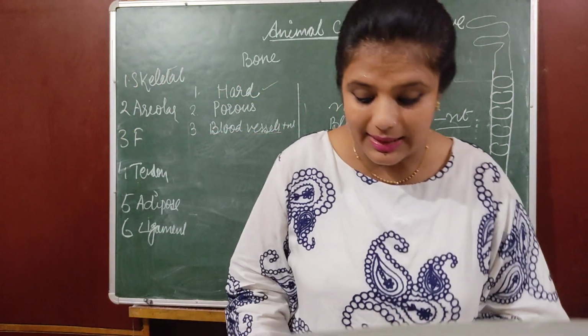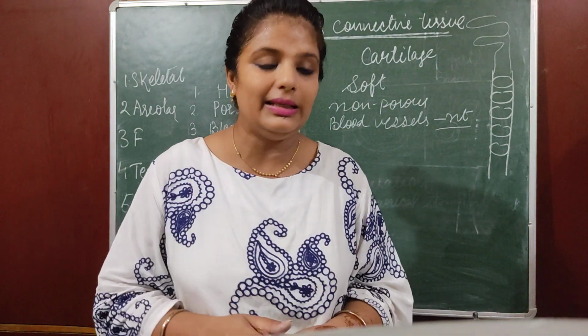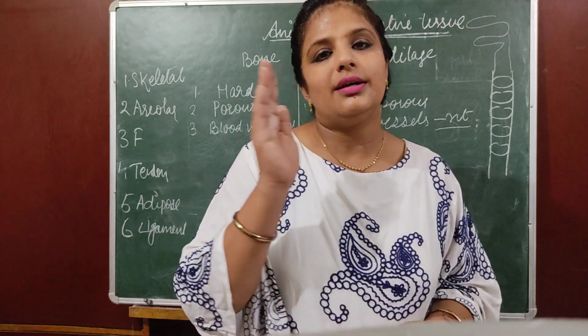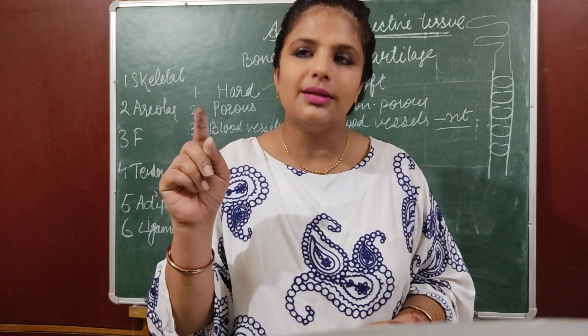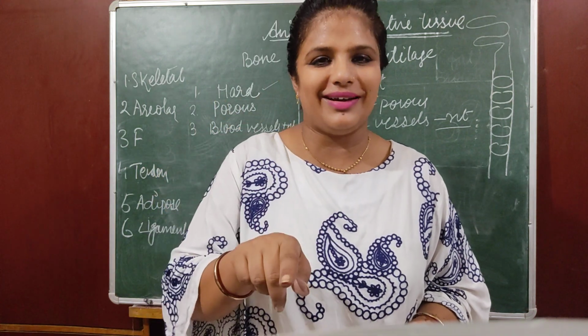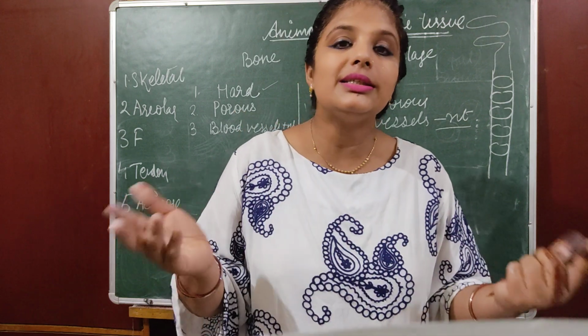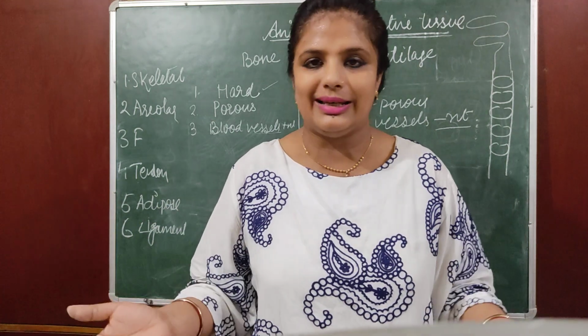Similarly, I don't know if it's like that or not, but it's my own way of learning that in the Ramayana, Lakshmana cut the nose of Surpanakha. Maybe he was also aware that the nose is made up of cartilage and it does not contain any blood vessels, so no blood would come out.